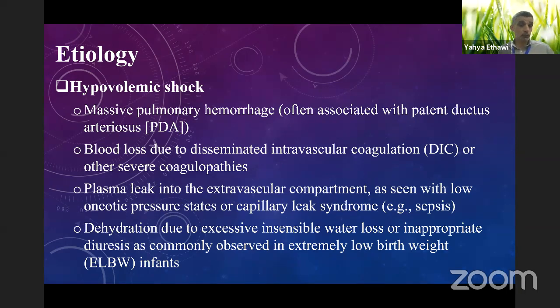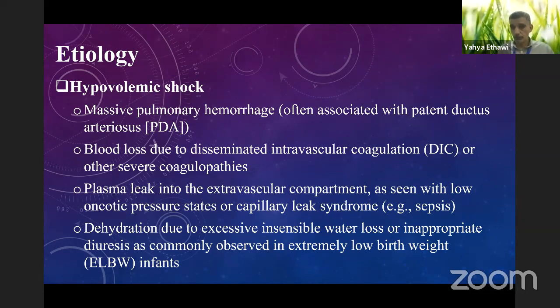The blood loss can be due to DIC, because of the impairment of coagulation and then bleeding. Also, the plasma can leak to the extravascular space, changing the oncotic pressure, or because of capillary leak syndrome associated with sepsis.